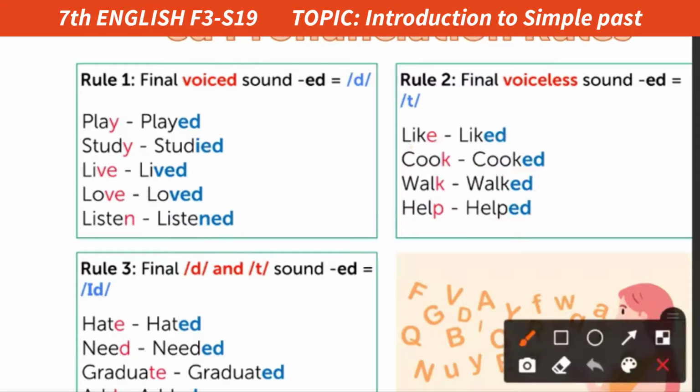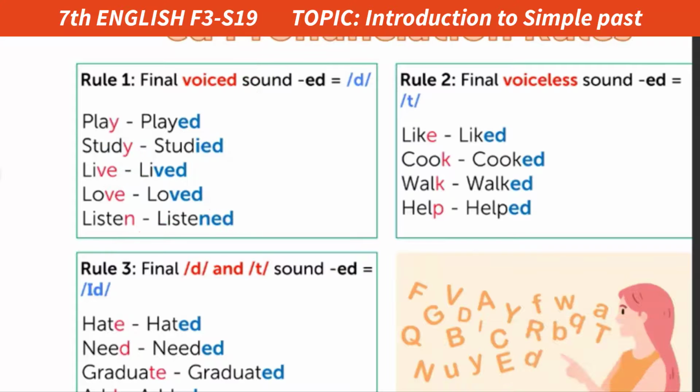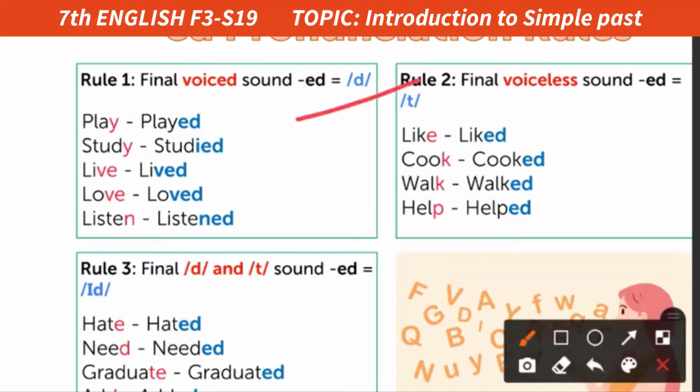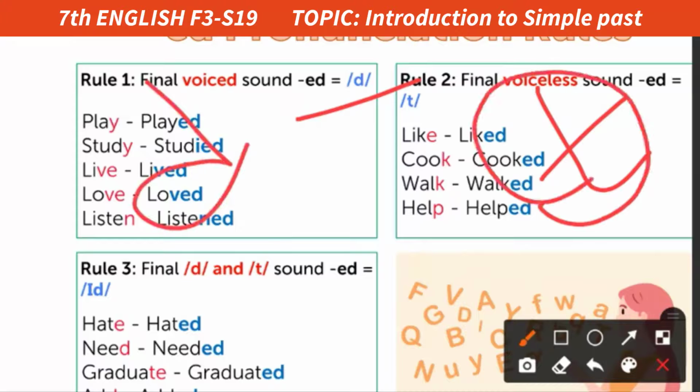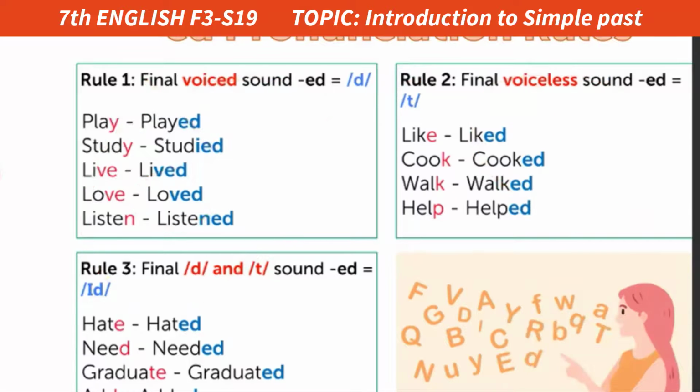Ahora, todos aquellos verbos que terminen en sonidos que haya vibración, van a ser pronunciados como una D, ¿ok? Apréndase eso. Vibración, D. No vibración, T.